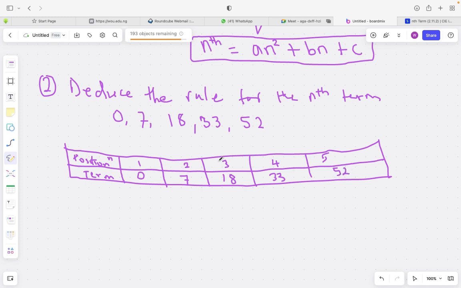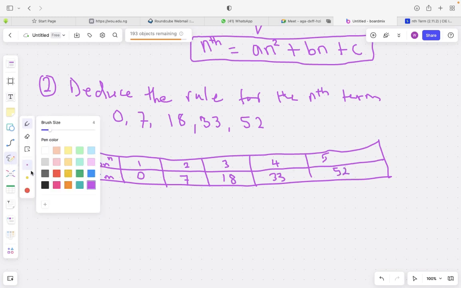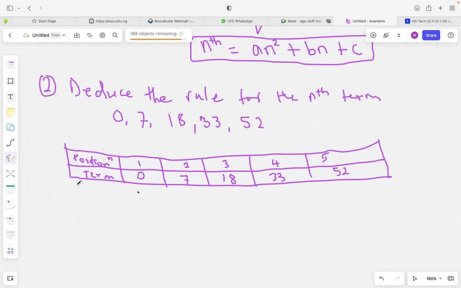This is the question. Now let's find the difference.